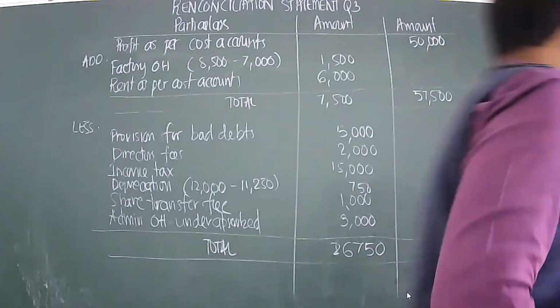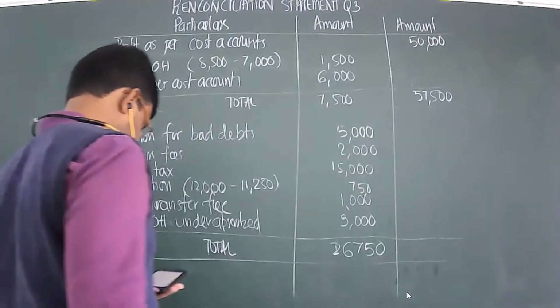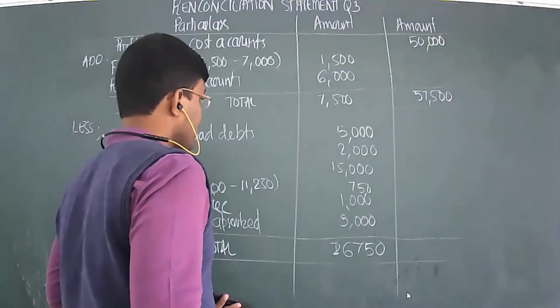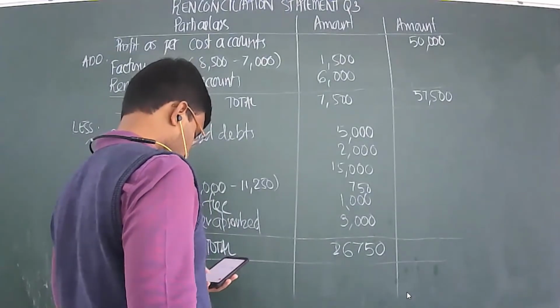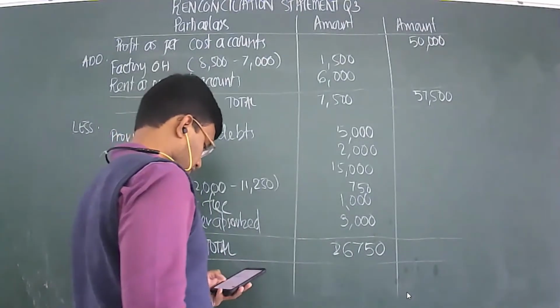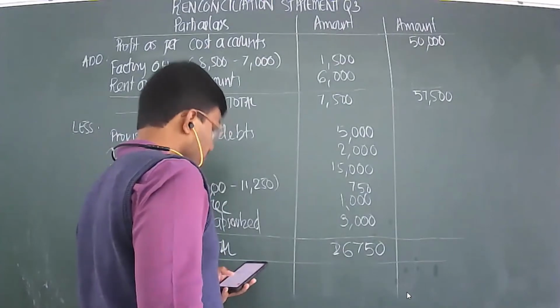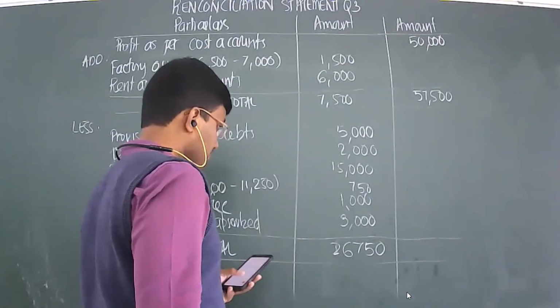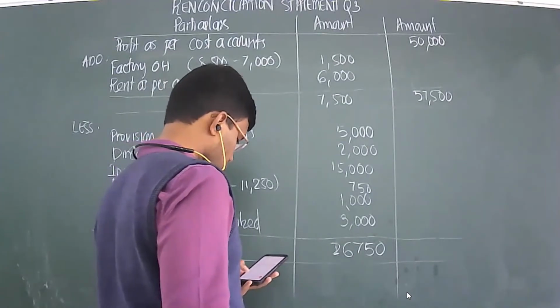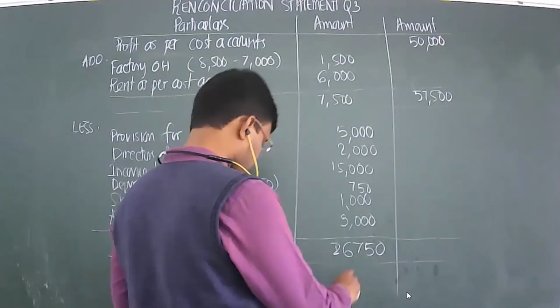So I'll just cross-check this calculation. So 5,000 plus 2,000 plus 15,000 plus 7,750 plus 1,000 plus 3,000. This works out to be 26,750.